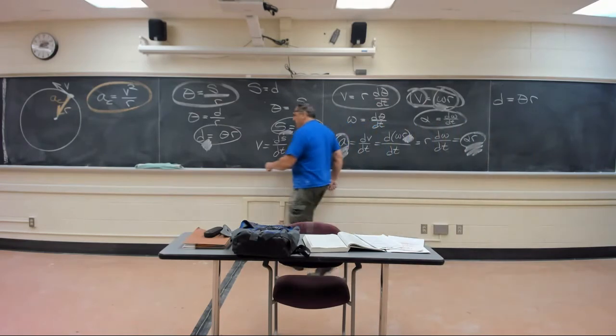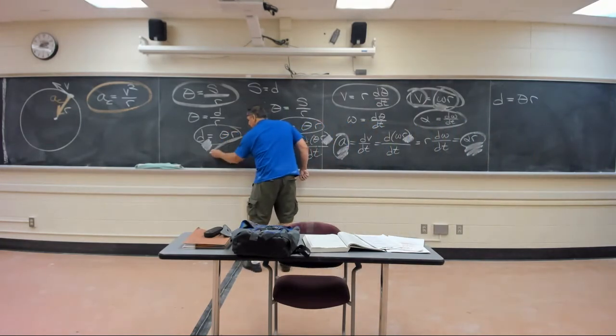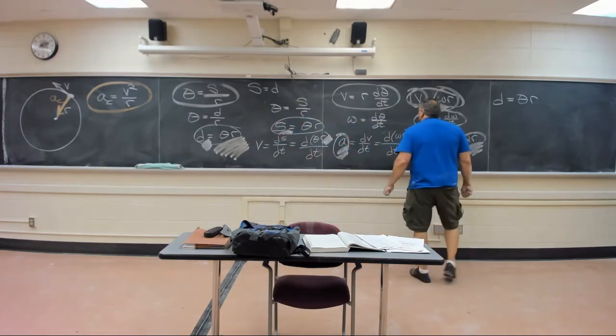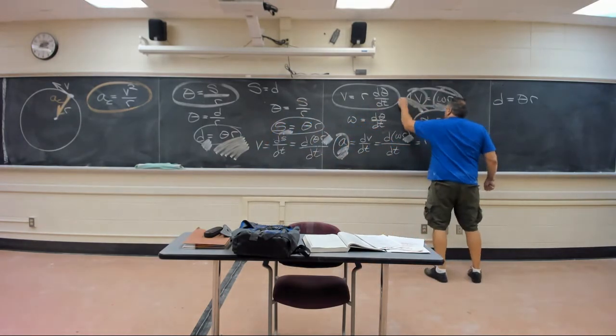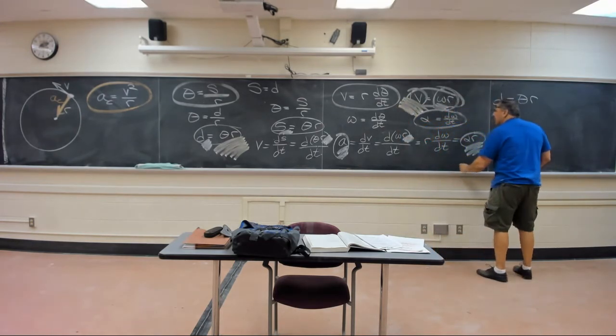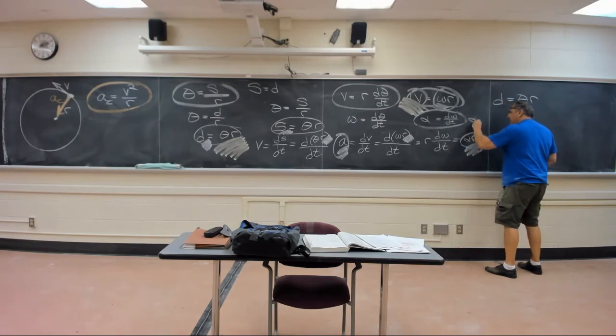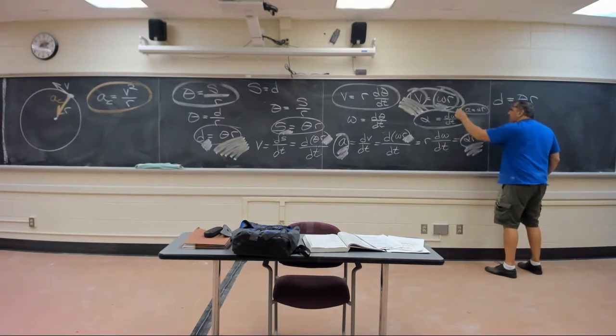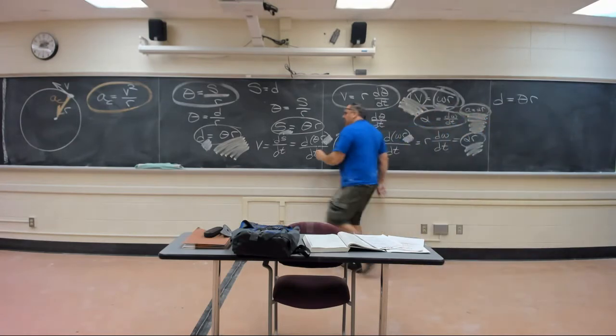So let's see here. D is theta times R. V is this, which is that right there. And A is alpha times R. You got this, and you got that.